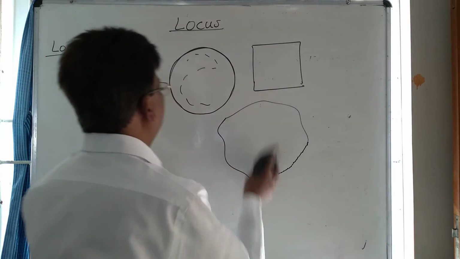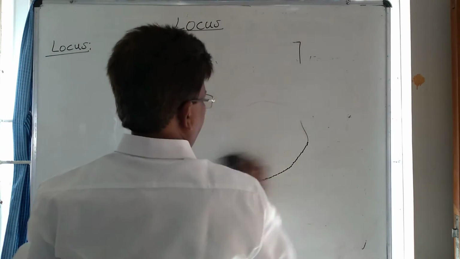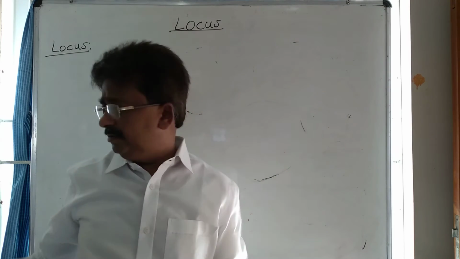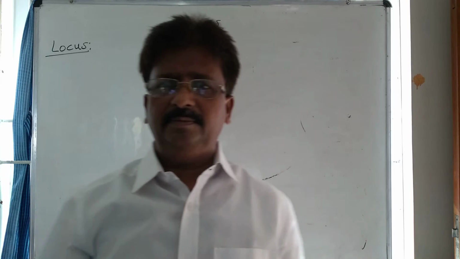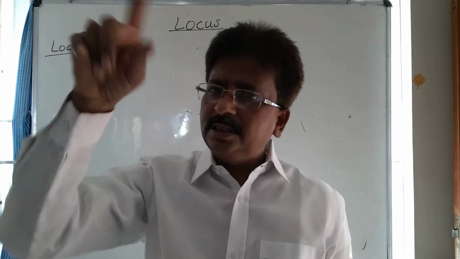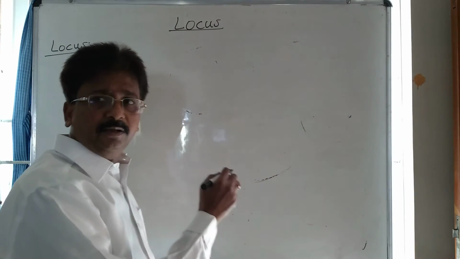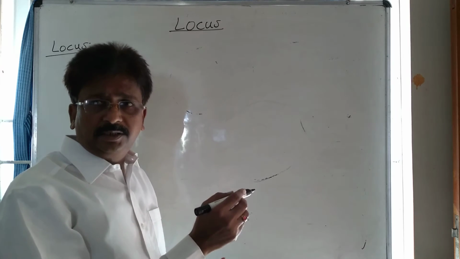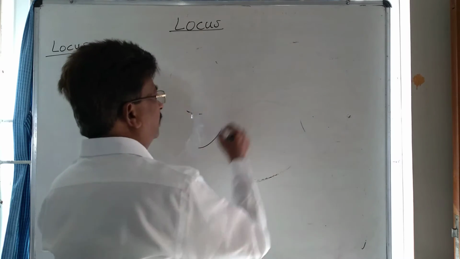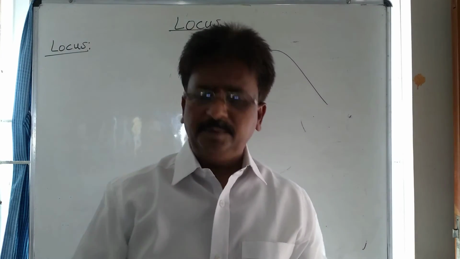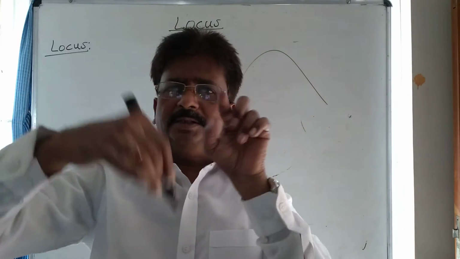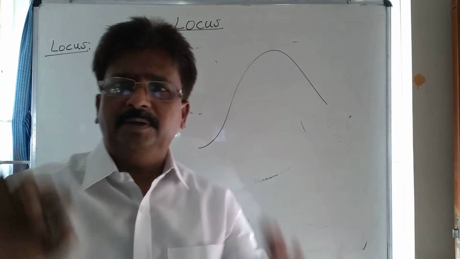So what is the locus? Locus also is a set of points. In the coordinate system, we have to think that a line is a set of points, joined together, and after joining them a line is formed.